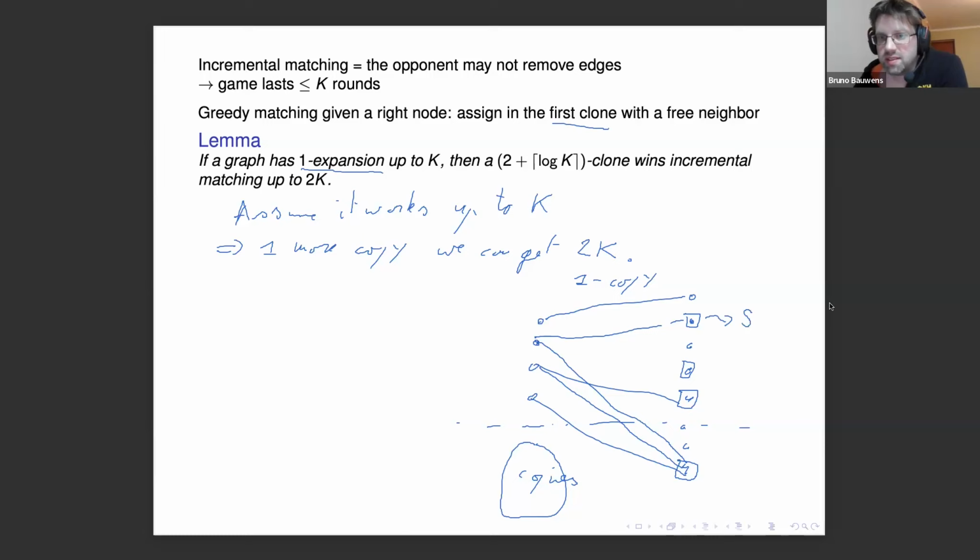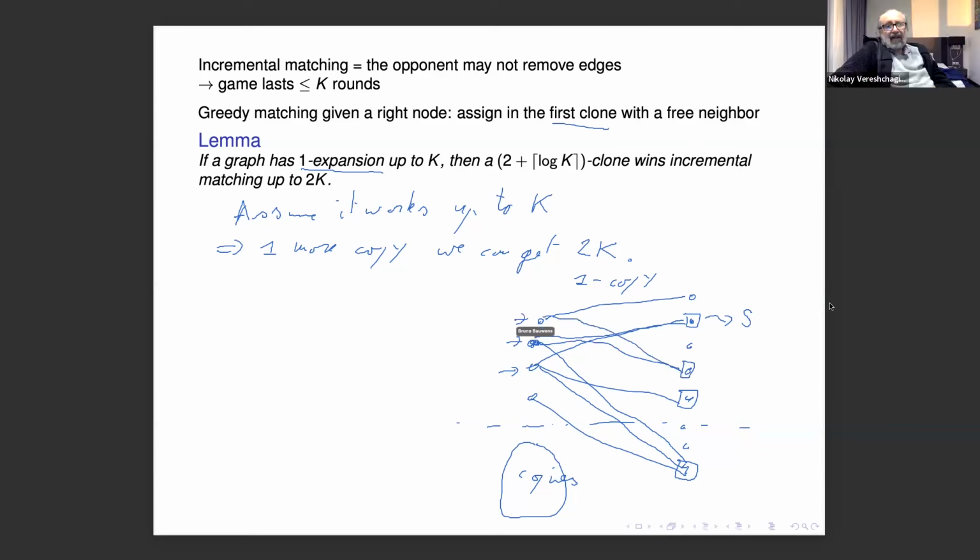We know that all their neighbors, let's look at the set of all their neighbors. So imagine that all these neighbors are matched of each such node. And so we get it has more nodes than S. And that means that S is less than K.